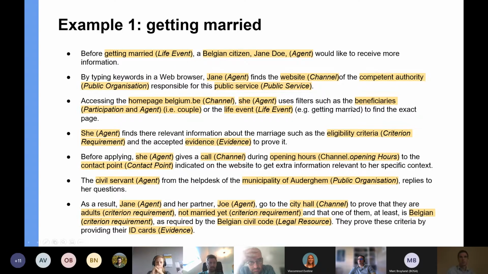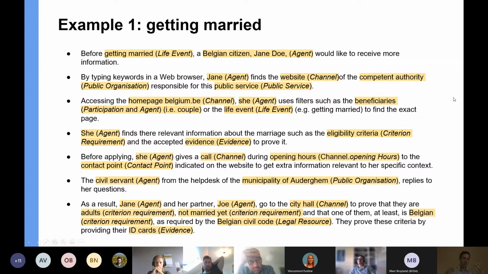So the example we want to use is rather straightforward. Jane Doe wants to get married, but she would like to receive more information before actually deciding to proceed with this formality or not.